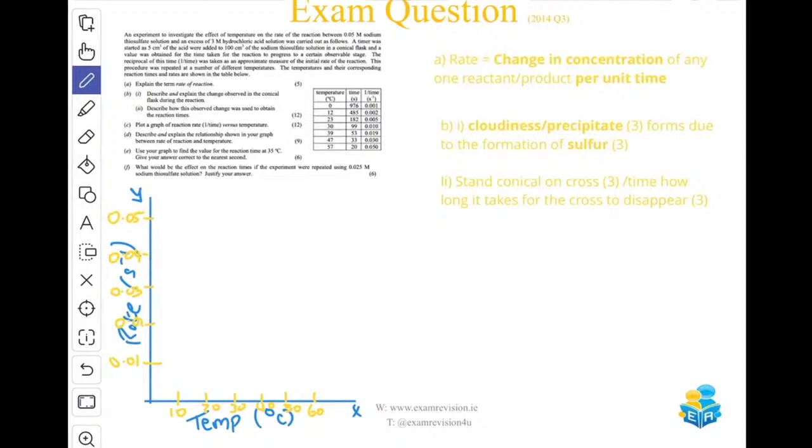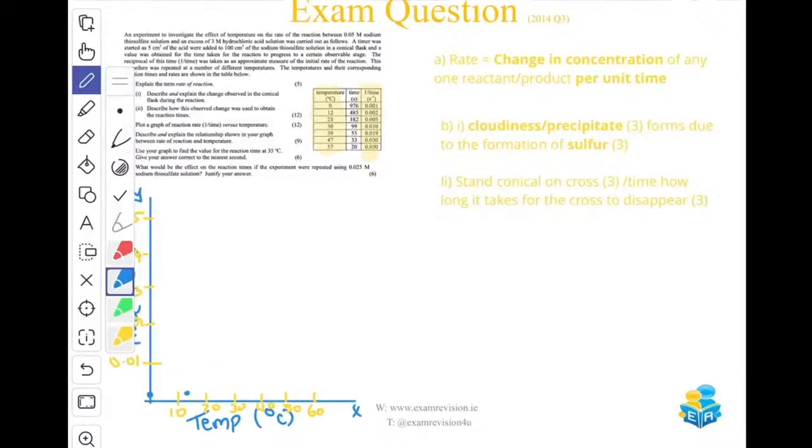So at a temperature of 0 degrees, these are the two columns that we're using in the table. Just highlighted them there for you. So at 0 degrees, we have a rate of 0.001. At 12 degrees, we have 0.002, so you can see it's quite flat to start with. Then it goes up to 23 degrees, and it's 0.005.